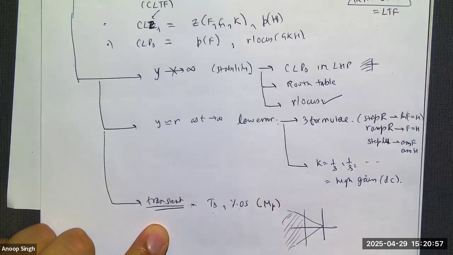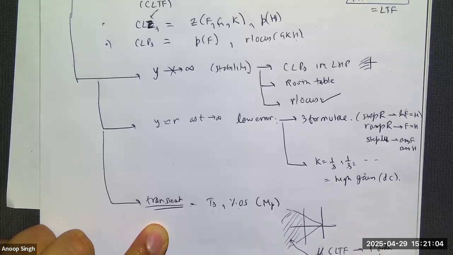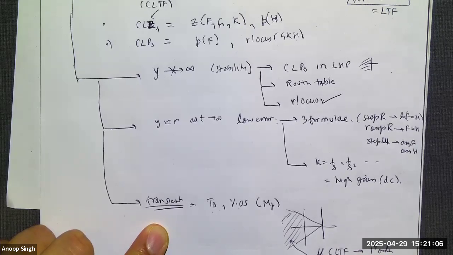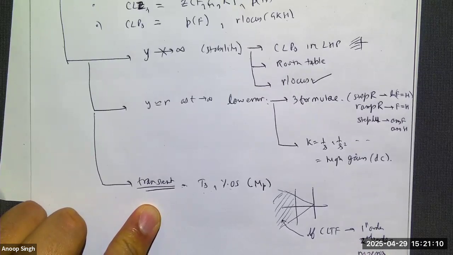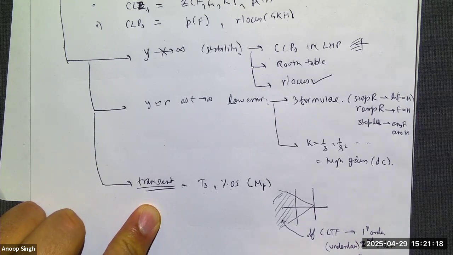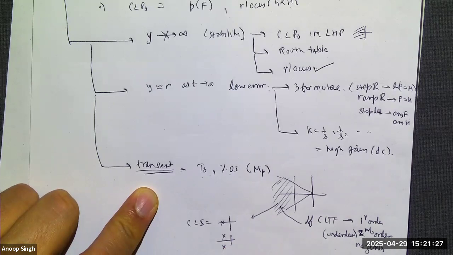And these regions are only true if the closed loop transfer function was first order or second order. Those were the rules, and there were no zeros in them. And by second order, I mean second order underdamped, which effectively boils down to the closed loop system being either a one pole system or a two complex pole system.